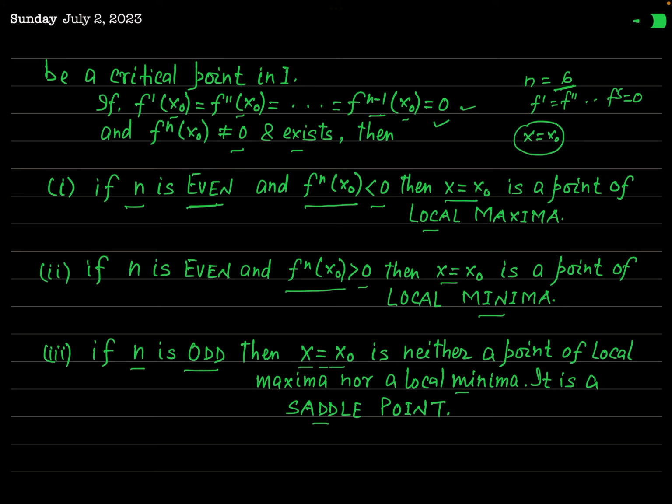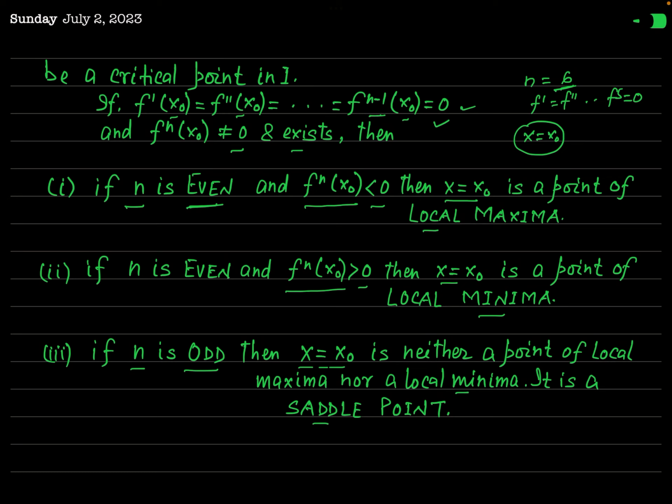In a given problem, you have to find the successive order of derivatives of the function and evaluate all those derivatives at the critical point, and you will find that these derivatives are 0 except the nth order derivative.